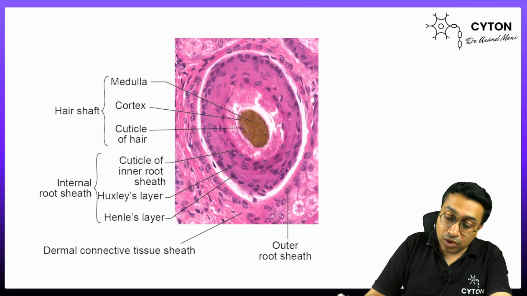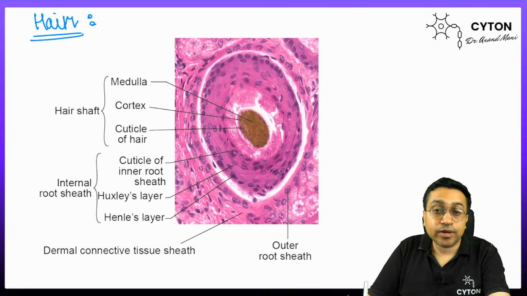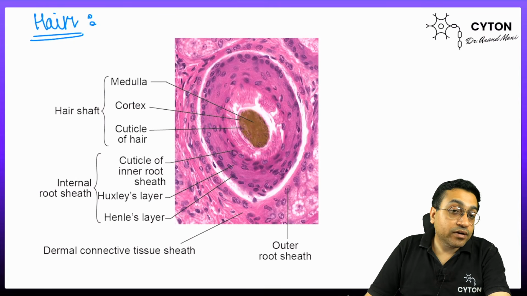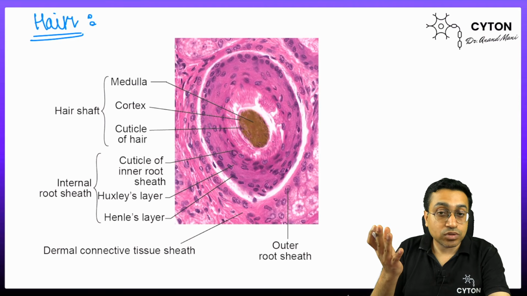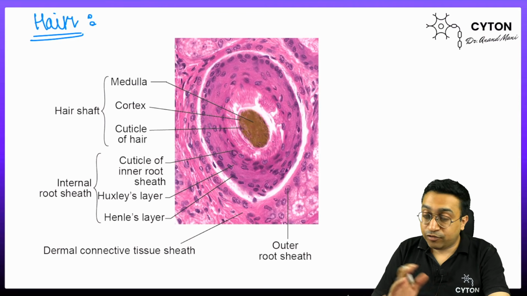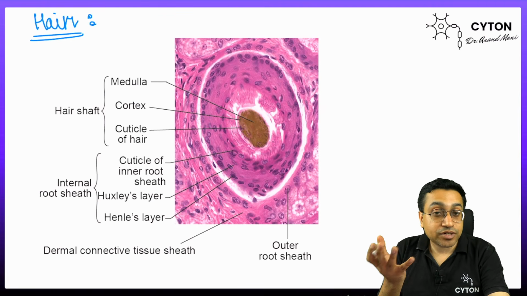Now let us talk about the hair. They are elongated keratinized structures which cover the entire body except the palm, sole, sides of the hand, feet, lips, ventral surface and sides of digits, and part of the genitalia.